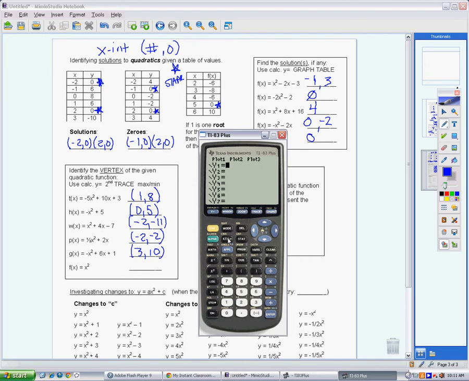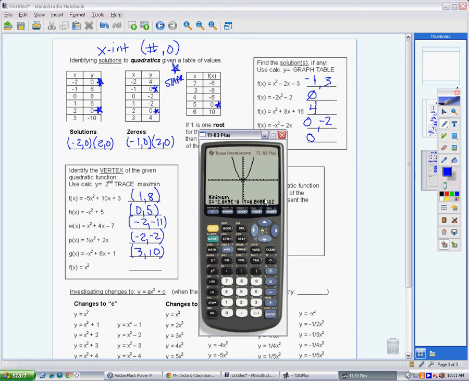Now we have the parent function, x squared, and that's going to be a minimum. So I'm going to choose minimum, and I'm going to go to the left side of it, hit enter, go to the right side of it, hit enter, and have it guess. And again, this is misleading. Looks like it starts at negative 2.6, but that's got 6 zeros ahead of it.